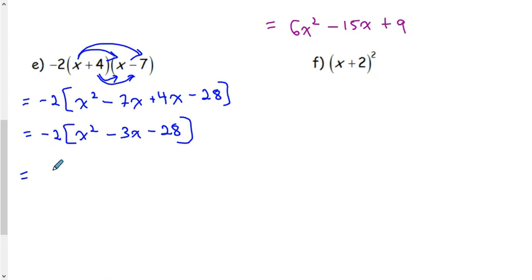And so that should work pretty easily. I'm not going to draw the arrows on this one because we've kind of done it before. I'm just going to multiply that negative 2 by everything. So we've got negative 2x squared. We've got positive, because negative times a negative is a positive, 6x, and plus 56.